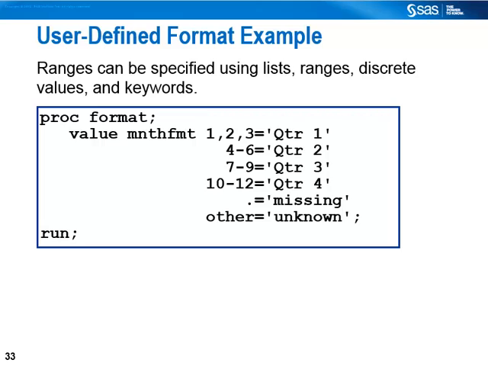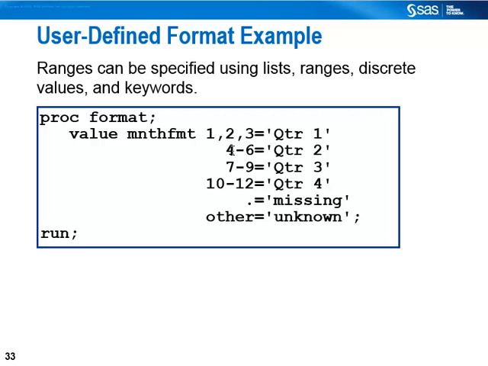User defined format examples. If we talk about this example, we are taking different ranges and applying those ranges in a different pattern. Here we are applying a format with the value statement by the name MNTHFMT, that is month format. If it encounters 1, 2, or 3, it will label it as quarter 1.